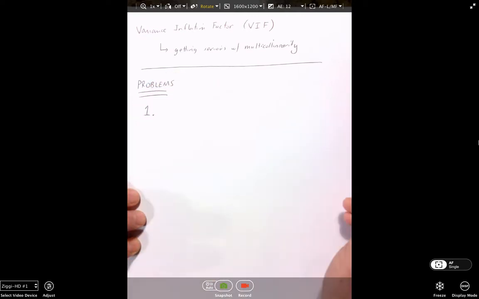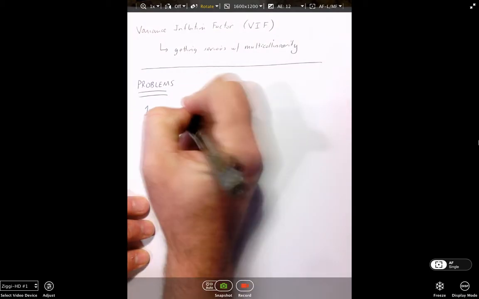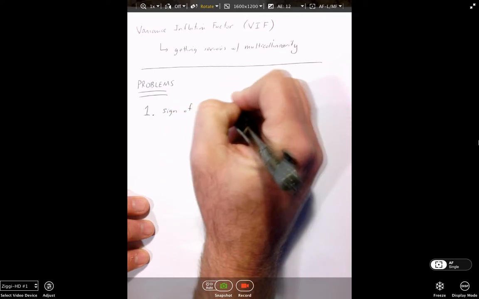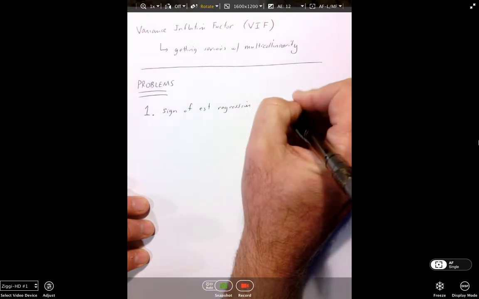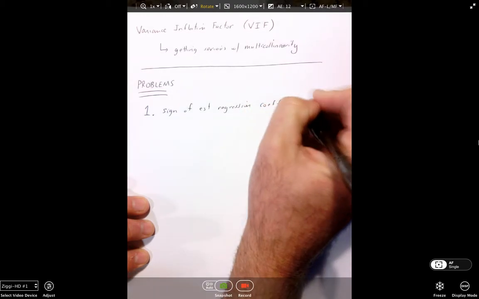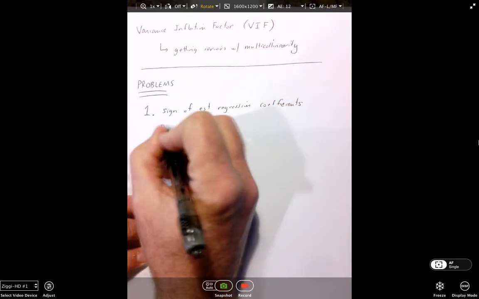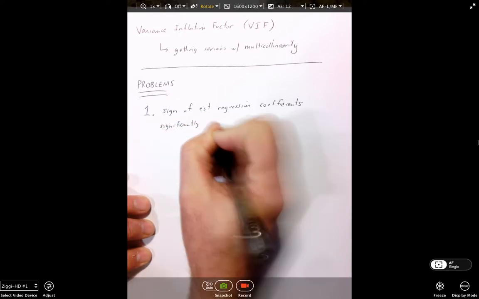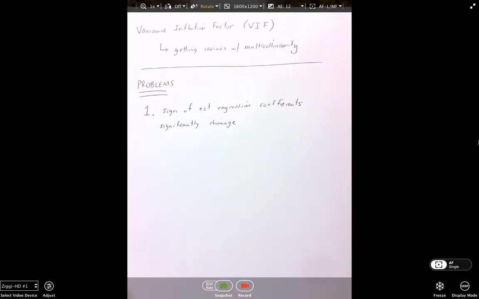The first major problem with multicollinearity is the sign of the estimated regression coefficients significantly change. Oh, wait a minute, guys, let me back up here.